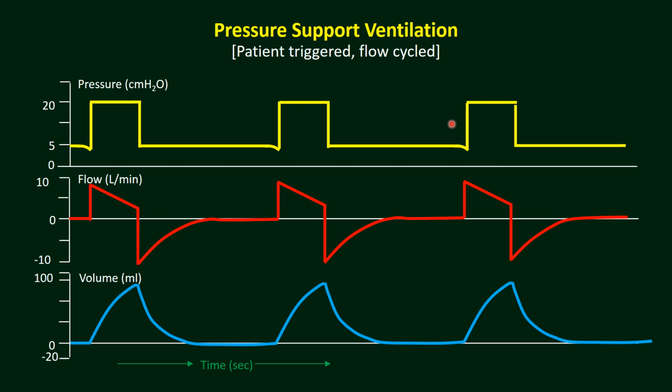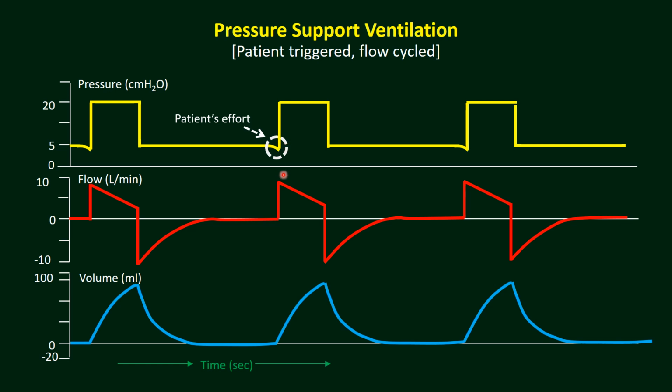This is the pressure support ventilation curves. Yellow one is the pressure curve, inspiration and expiration. Red one is the flow curve, and below is the volume curve. At the beginning of inspiration, when pressure drops due to the patient's effort, the ventilator delivers a breath.